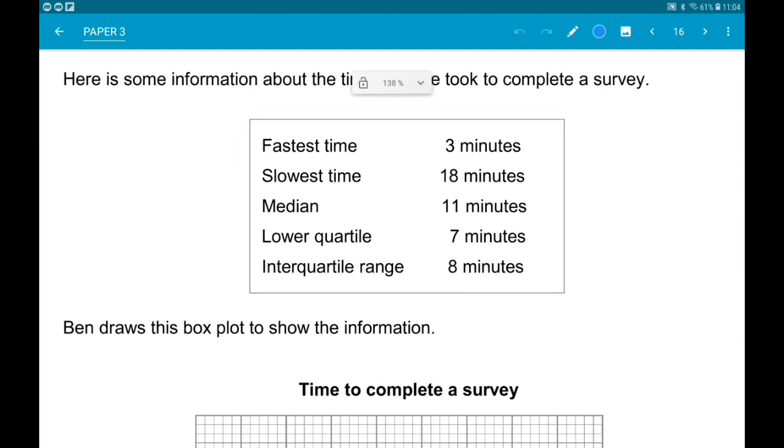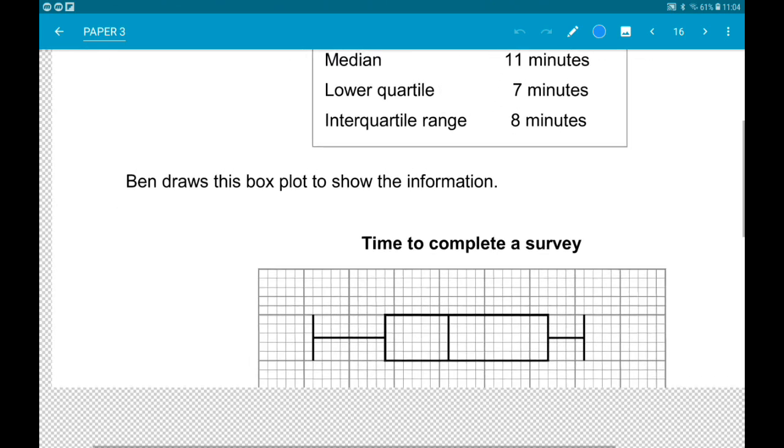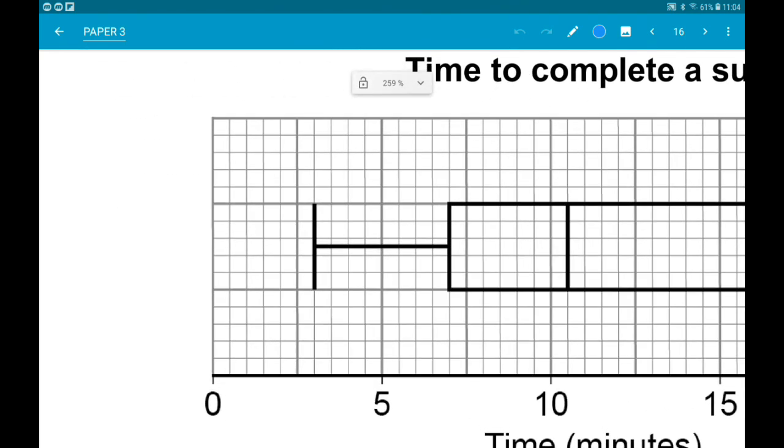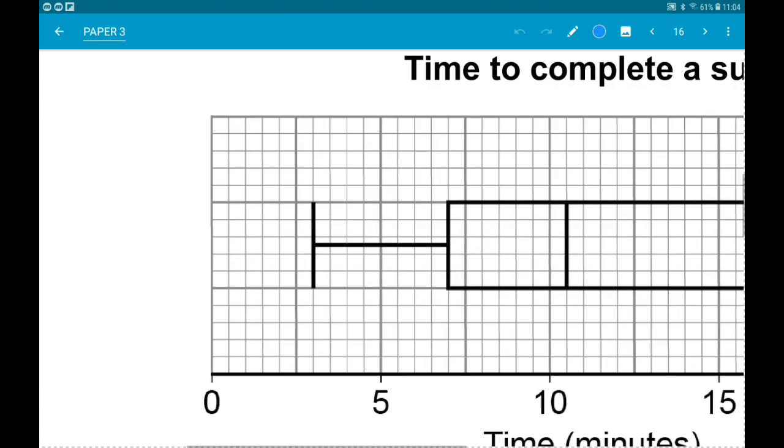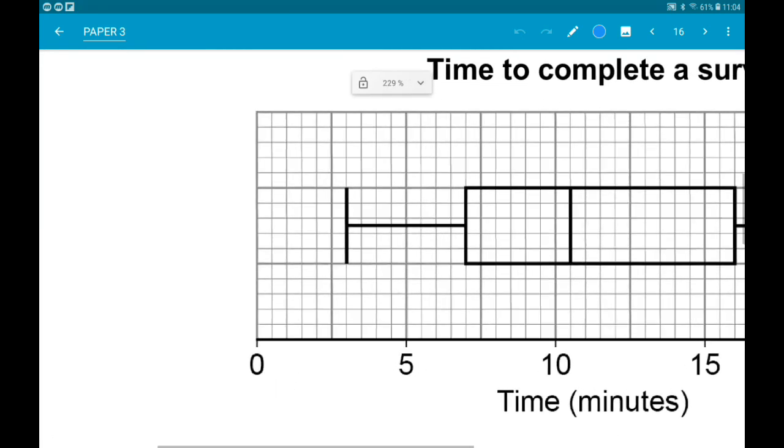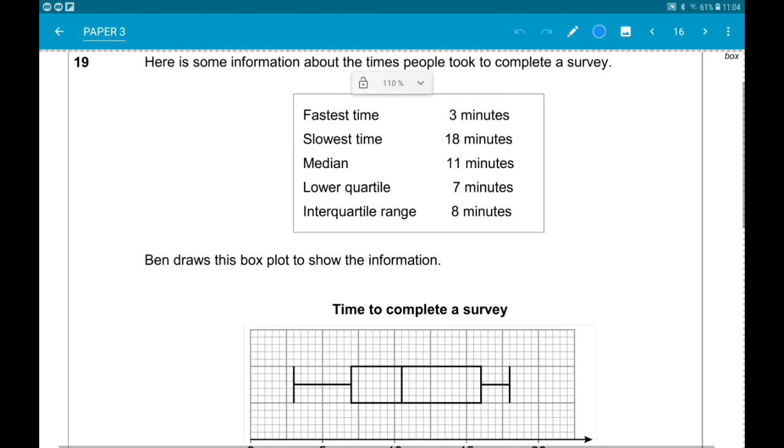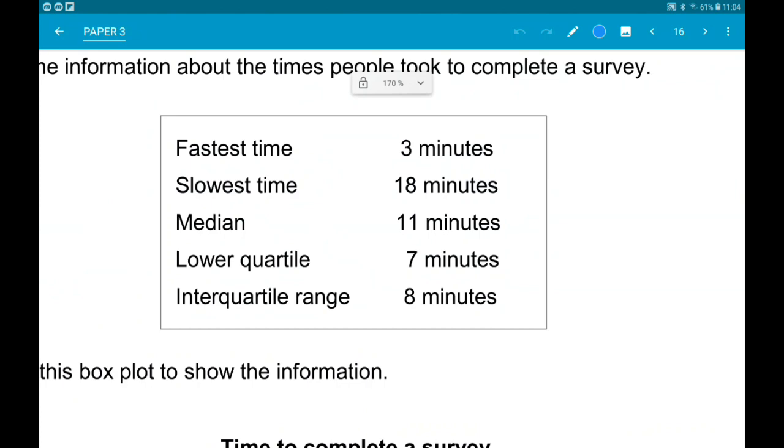So the fastest time is 3 minutes, so that's the left whisker, that's right. So here, every 2 little squares represents 1 minute. Okay, then the slowest time was 18 minutes.